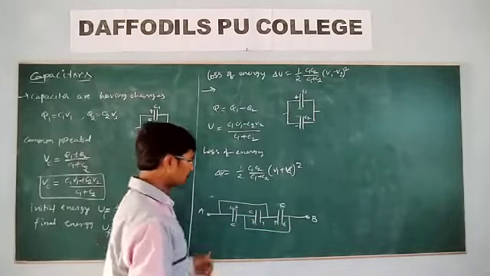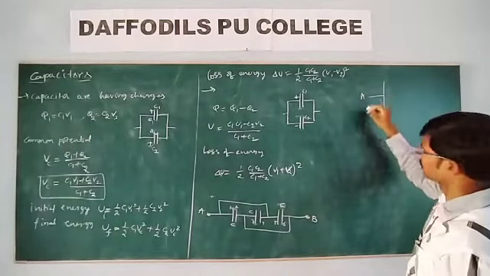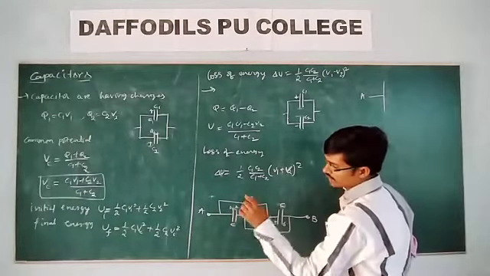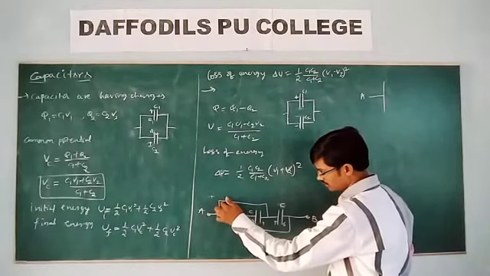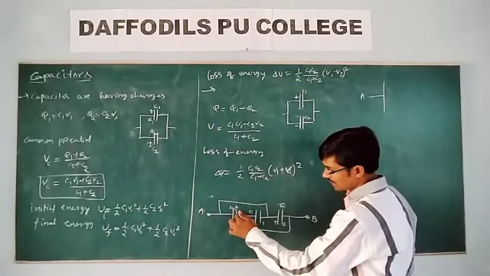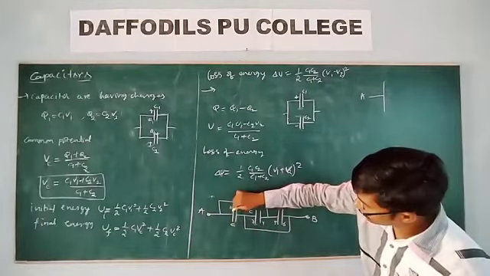Now let me take the first one, starting from A. You can see the first capacitor's first terminal is connected to A. What about the second capacitor? The second terminal is connected to B. Look at this connection.